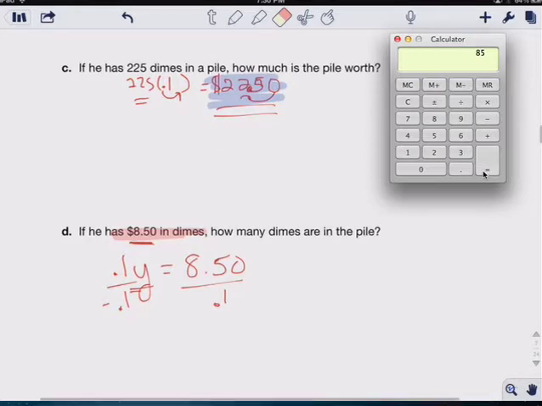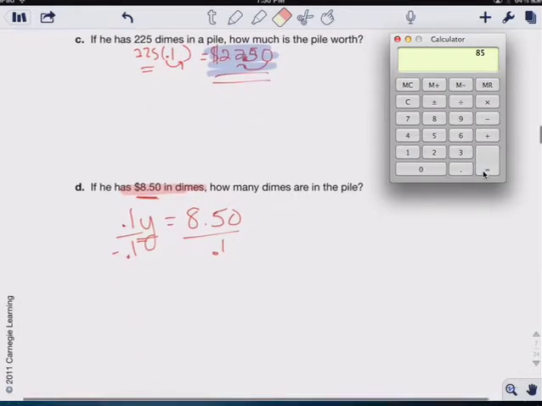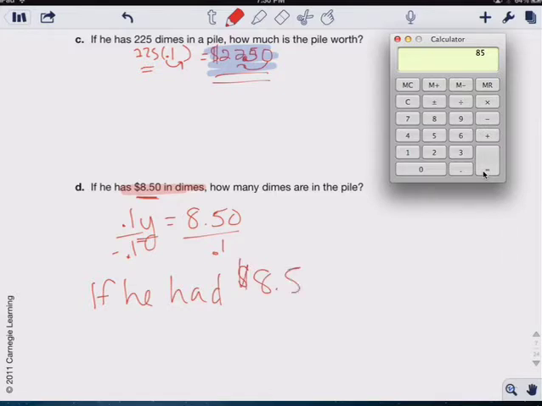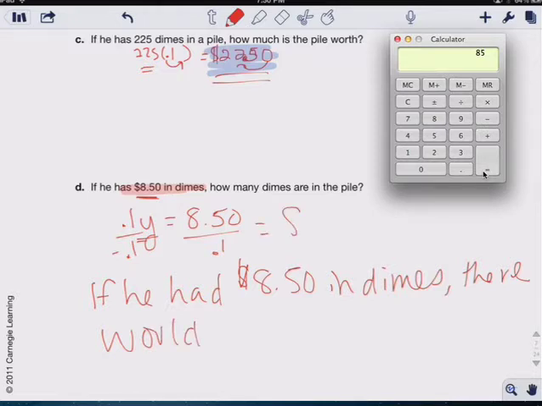We need to write these in complete sentences. If he had $8.50 in dimes, there would be 85 dimes total.